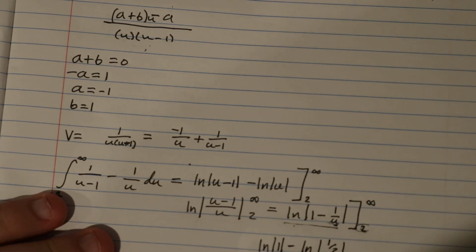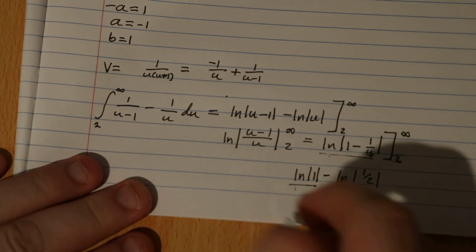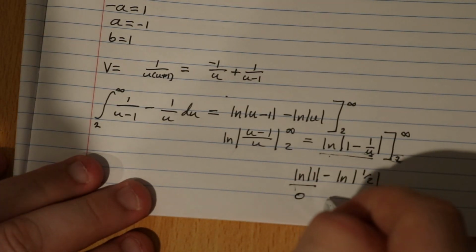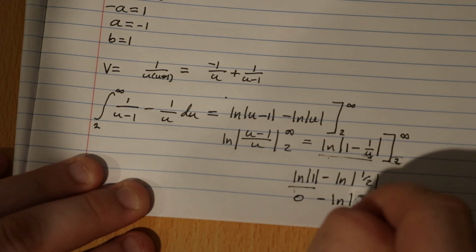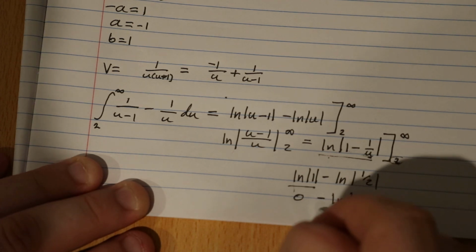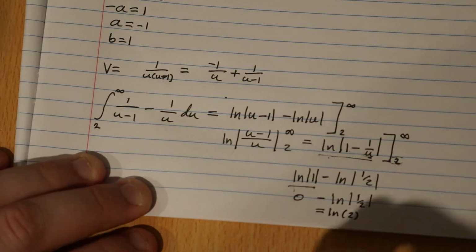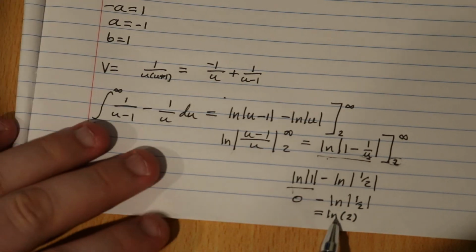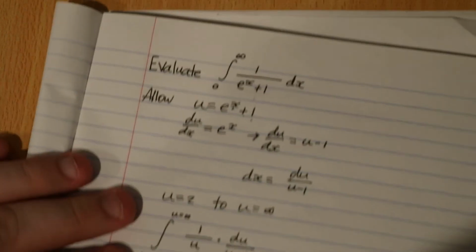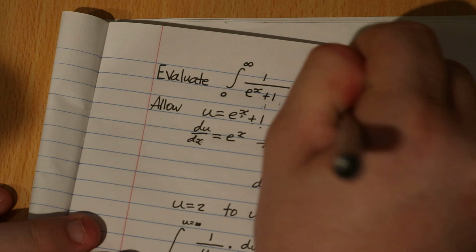Of course, we know that the natural log of 1 is just 0, and we get minus the natural log of a half, and that simplifies by bringing it in to the natural log of 2. So that is our answer. The integral of this is indeed equal to the natural log of 2.